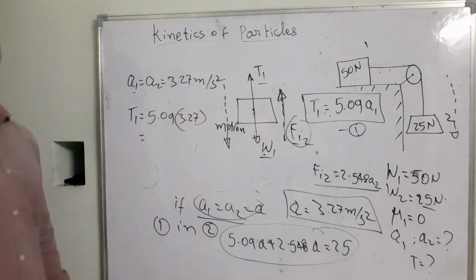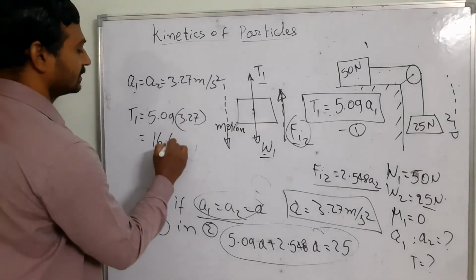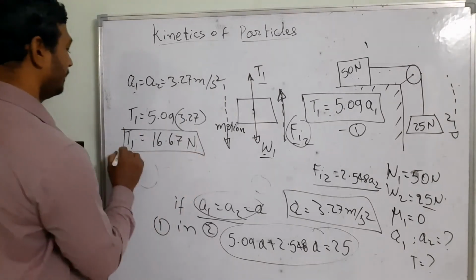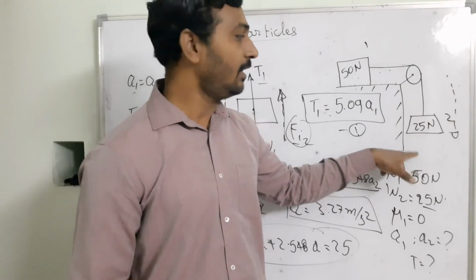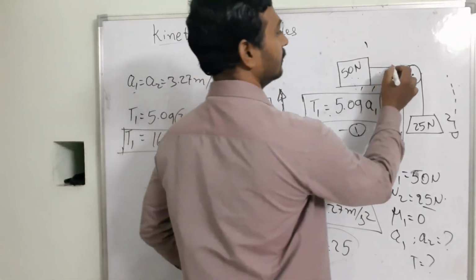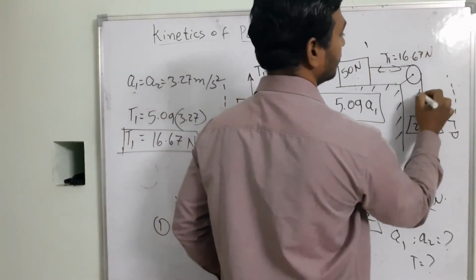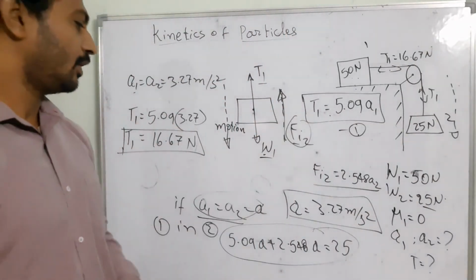If you simplify this equation, I am going to get 16.67 newtons. This is the tension that exists when the body is trying to move in the downward direction, because it is connected between block 1 as well as block 2. So here I say T1 is equal to 16.67 newtons. Here also the T1 exists. So this way we are going to be solving.